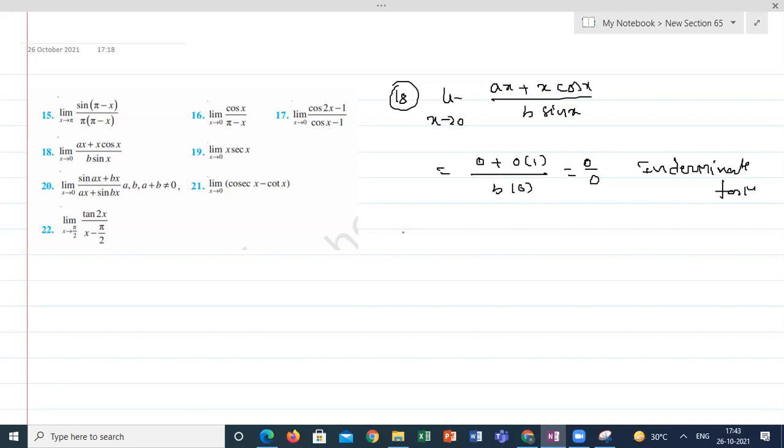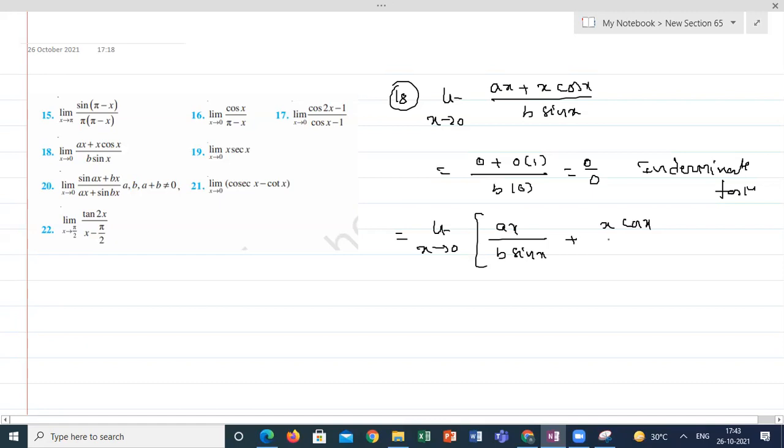So how to solve this one? I'm splitting this into two ratios. Limit x tends to 0, ax by b sin x plus x cos x by b sin x.